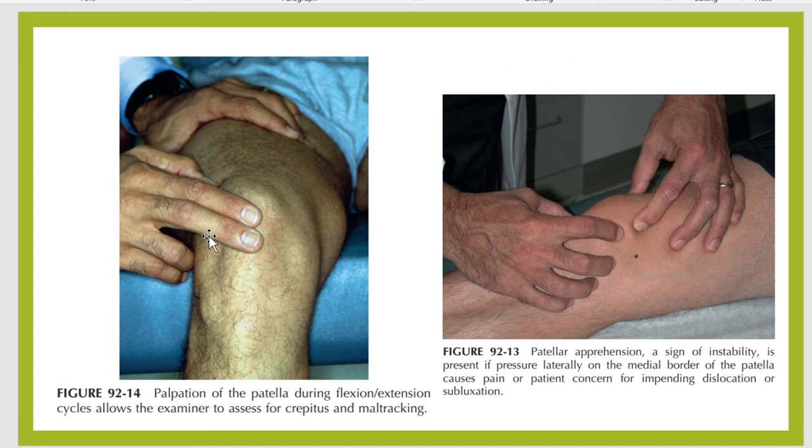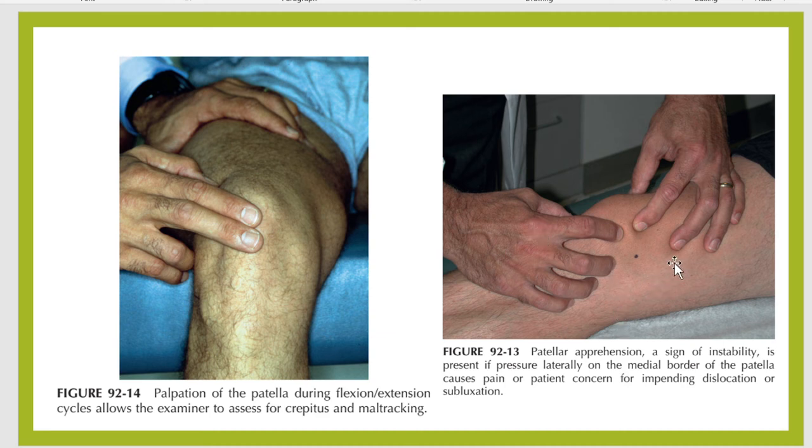So i-palpate during extension. Pag-extend sa knee kay ma-feel man, no, kung crepitus or even during flexion as the patella tends to contact with the condyle of the humerus.